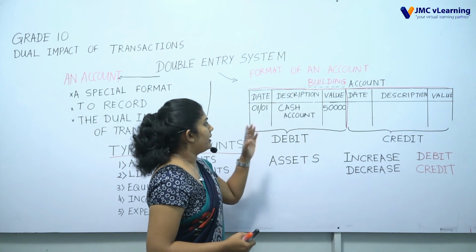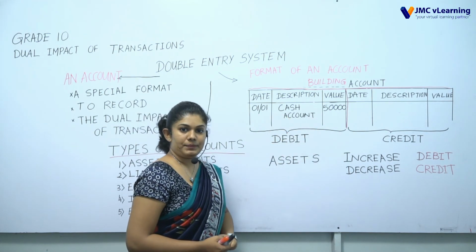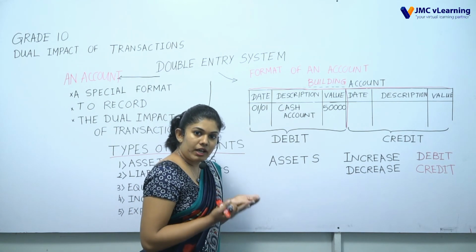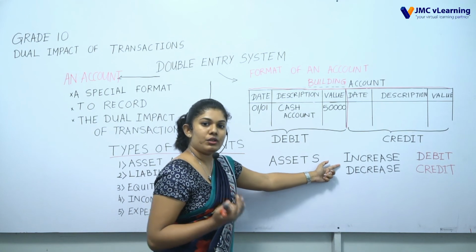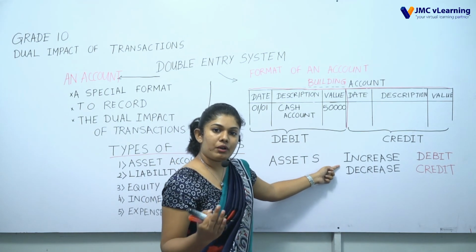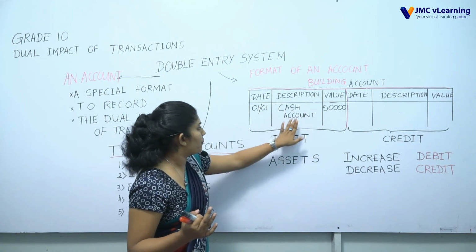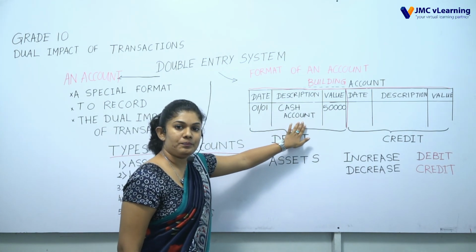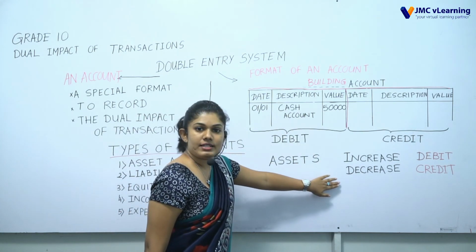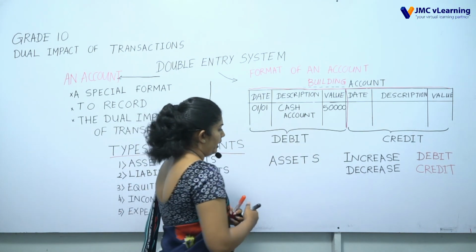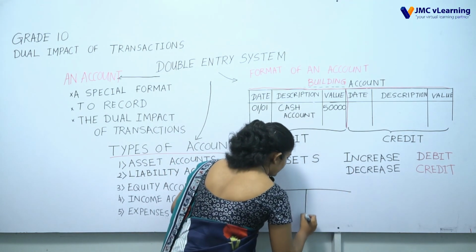So here in this transaction we purchased the building spending 50,000. That means building value increased, assets increased. So therefore, I have to record that particular transaction in the debit side of the asset account. And if the asset balance decreases, I have to record it in the credit side of the account like this.